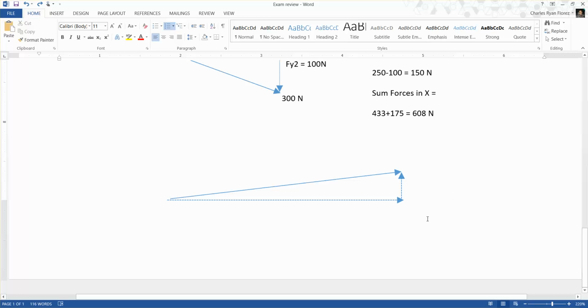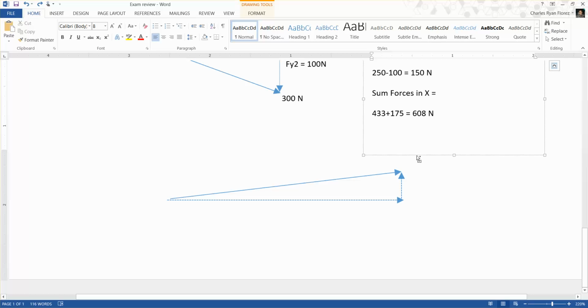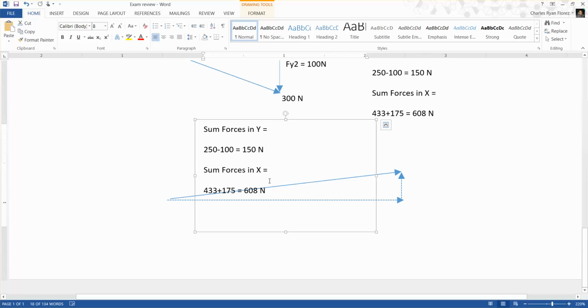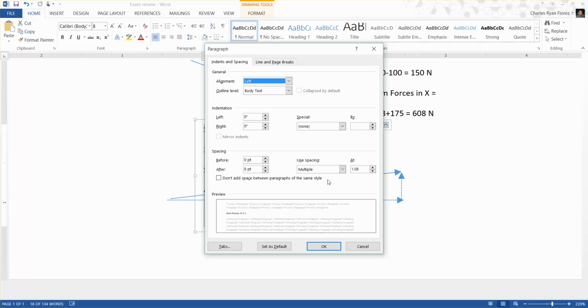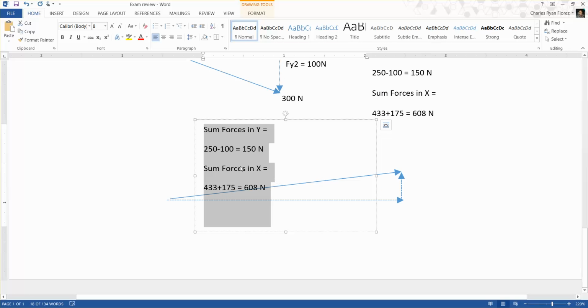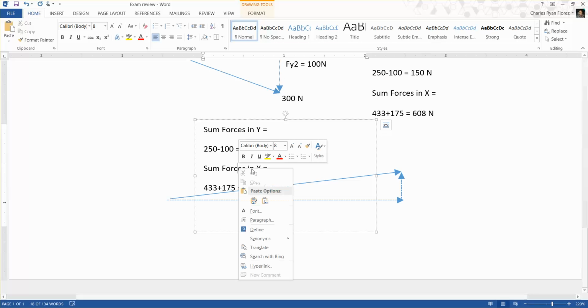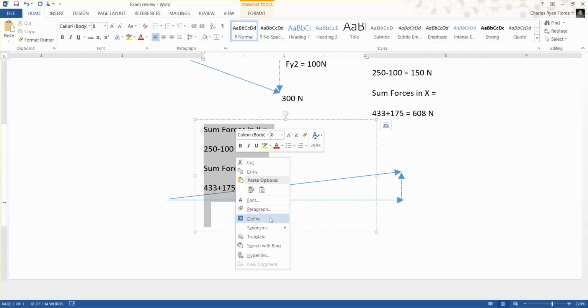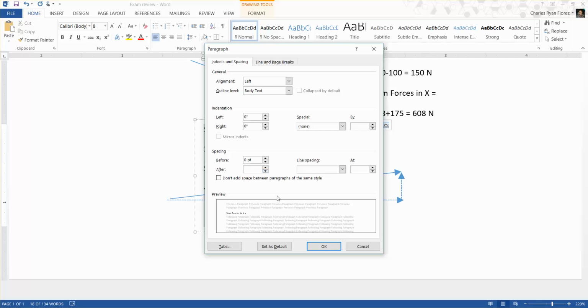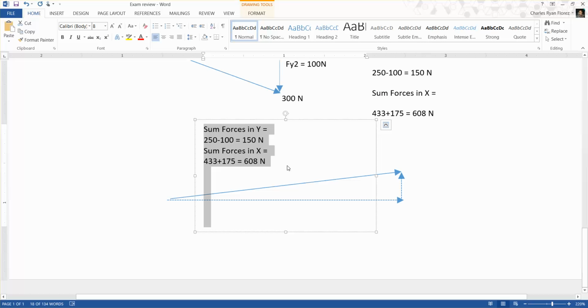As far as direction, this is horizontal x, and you would need to find this angle. So we can use SOHCAHTOA again.